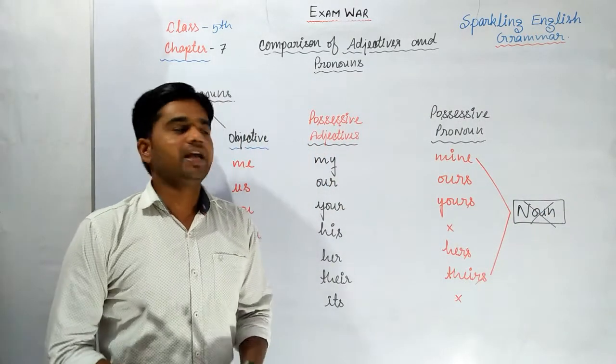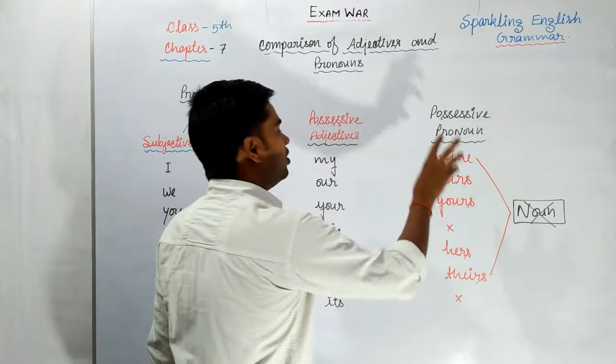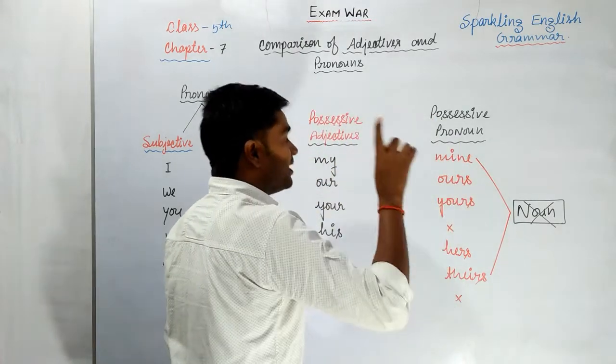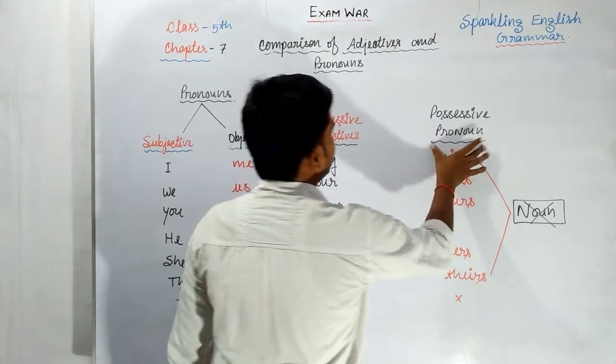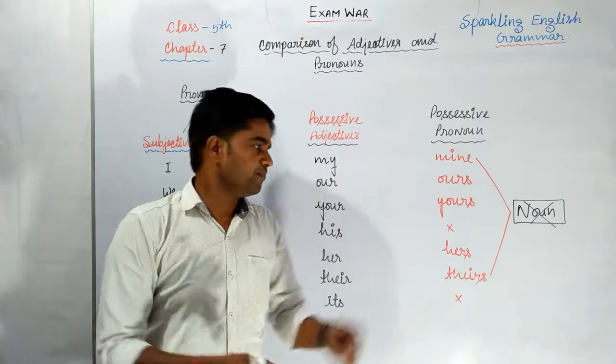We never use any noun, as the sense of the noun is already included in this pronoun. So dear students, never use any noun just after any possessive pronoun. We will have some examples also.